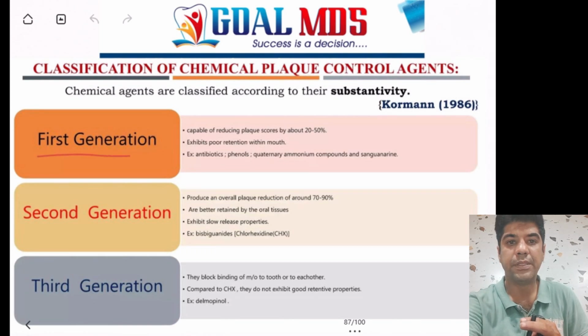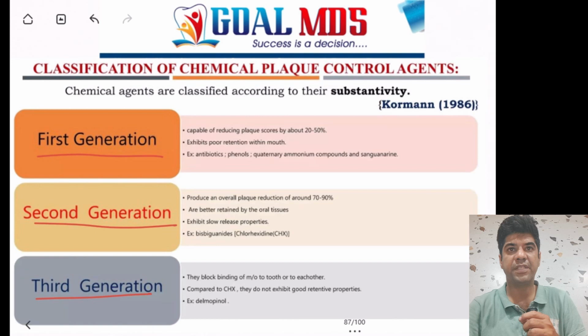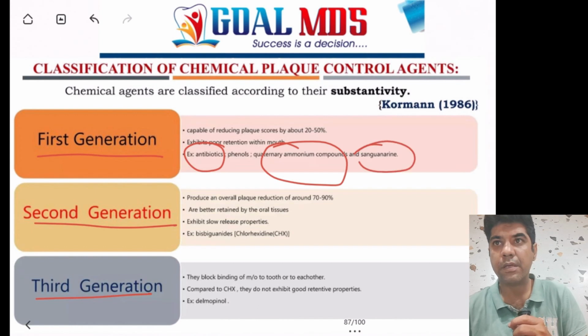Now, classification of chemical plaque control agents. We can classify them into first generation, second generation, or third generation. Examples of the first generation are the antibiotics, quaternary ammonium compounds, and sanguinarine.